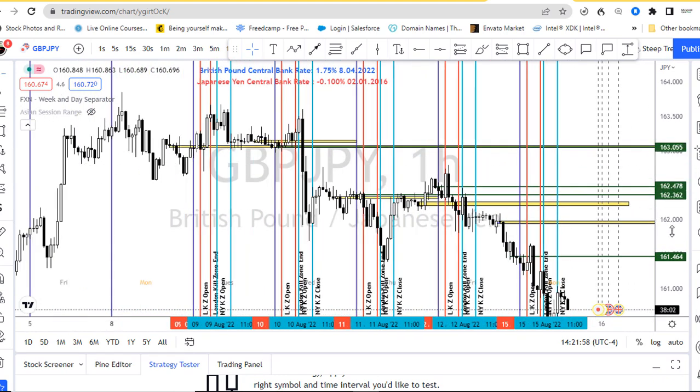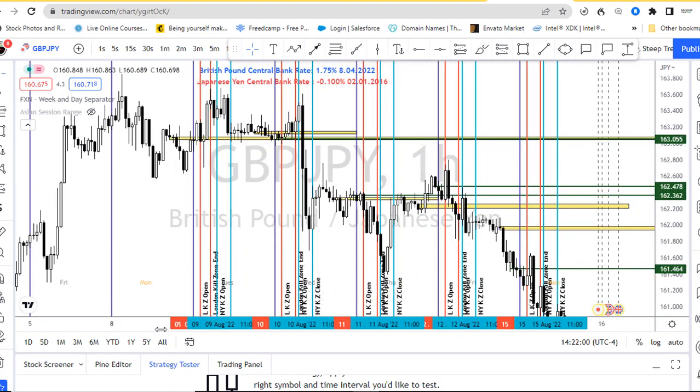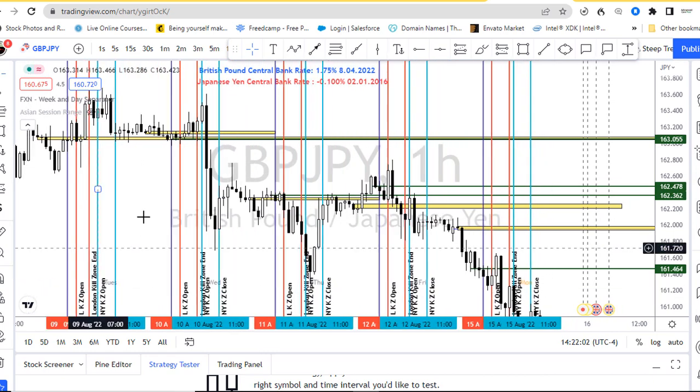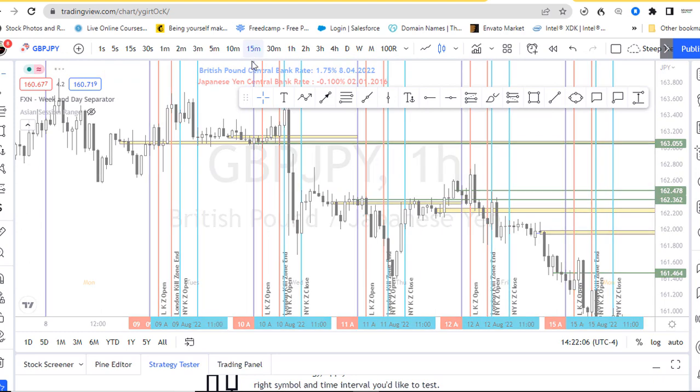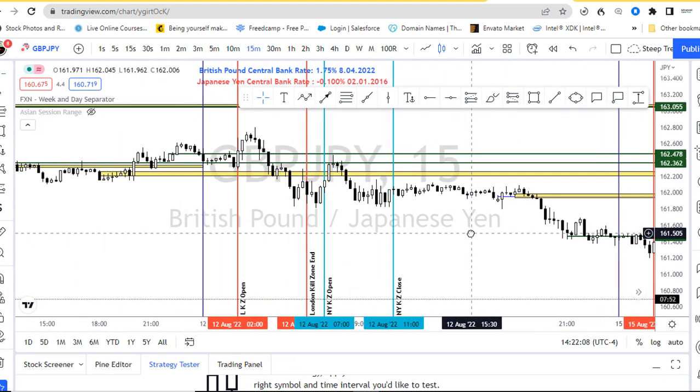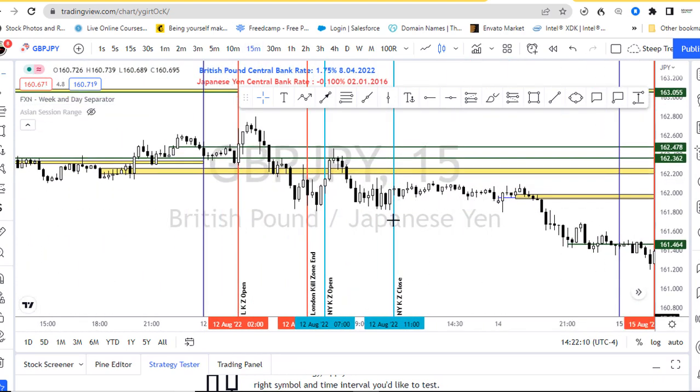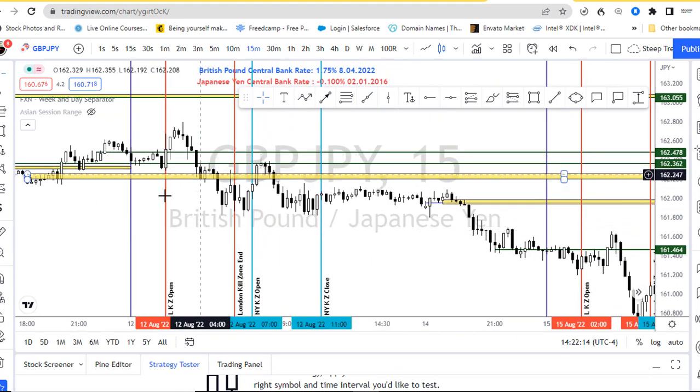All right. Now, what you're going to look for and what you'll notice, we'll go to the 15-minute here, because that opens it up a little bit. So again, this blue line here is the midnight candle, right? This is just towards the end of Asia, and as London is starting.